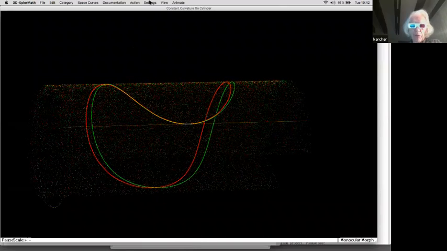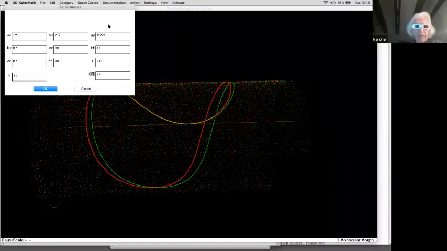Let me show this a little bit further. So now the meridians have this radius or this curvature, and I change this to get closer to this.